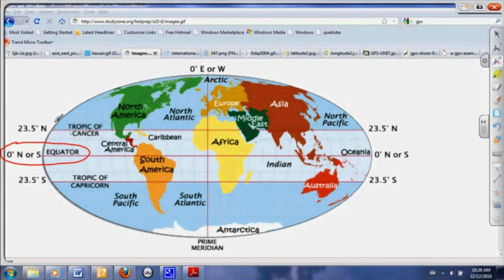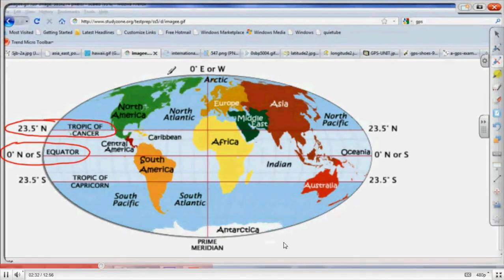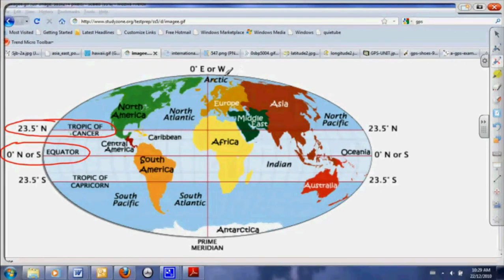If I work my way north, we have 23.5 degrees north, which is the Tropic of Cancer. Now I need to draw this line in, but it is the Arctic Circle. The Arctic Circle is right there. And it's 66.5 degrees north. And then the last one, which is at the very, very top, is 90 degrees north, which is the North Pole.